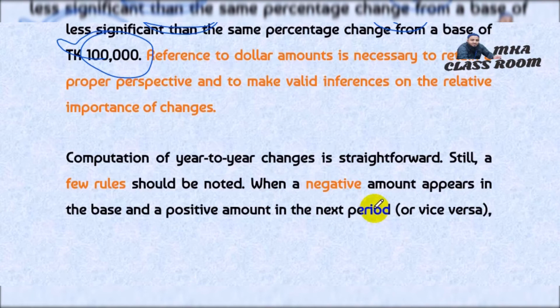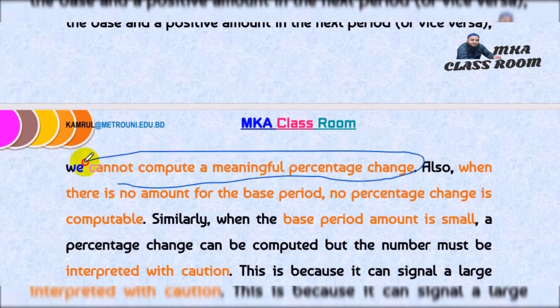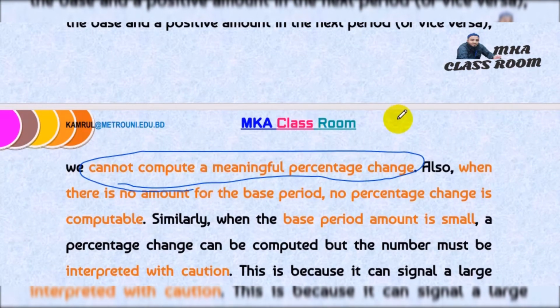When a negative amount appears in the base period and a positive amount in the next period, or vice versa, we cannot compute a meaningful percentage change. So whenever there is a negative amount, that is not a meaningful percentage.